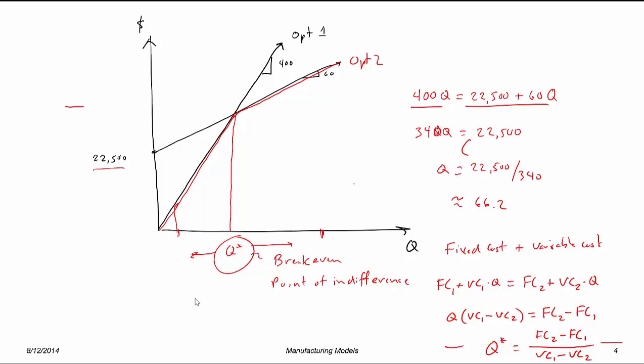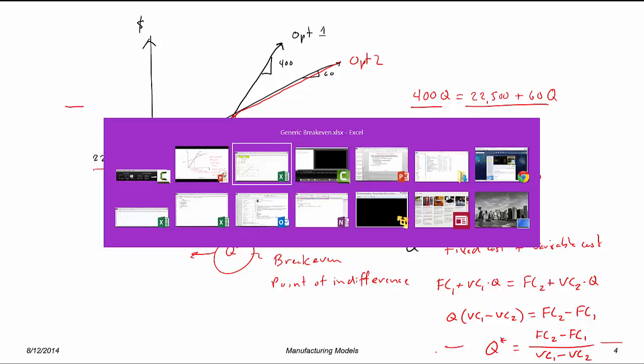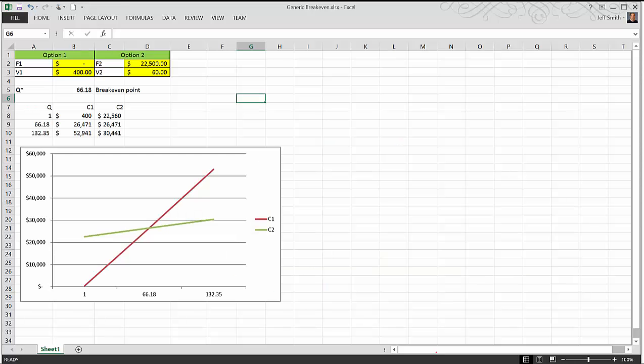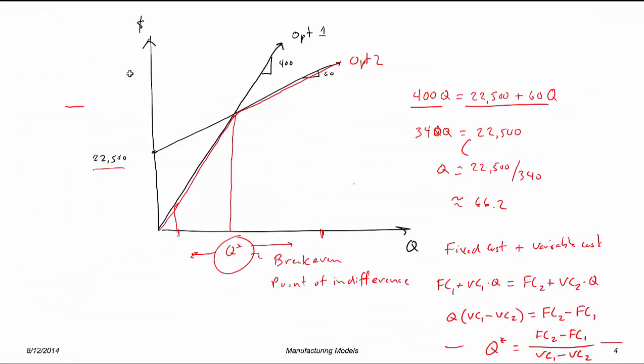So the last thing we'll do in this module is we'll look at an Excel version of our general model. So let me grab our Excel version. And you can see what I have here is my fixed and variable costs, so F1 and V1 and F2 and V2. And then given those, we have our relationship here, which is for the break-even point.